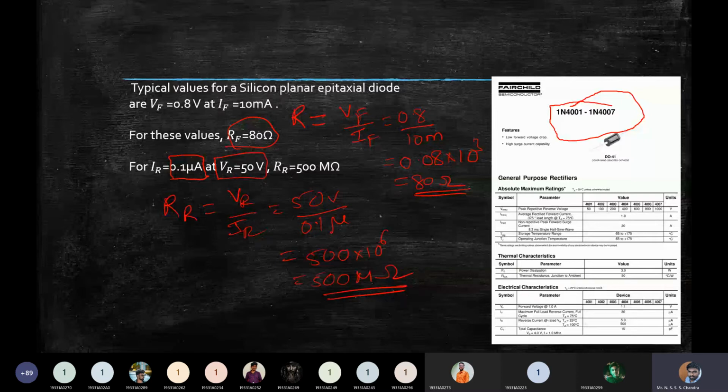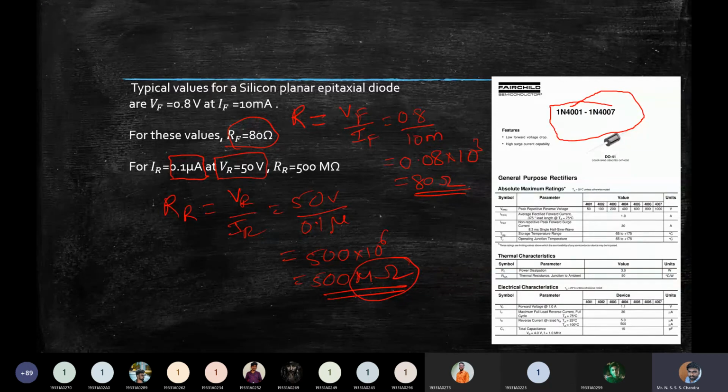So forget about these numbers. From these typical values, you can see that 80 ohms is a very small number. So resistance offered by any diode in the forward bias is very small, whereas in the reverse bias the resistance is in the range of mega ohms.